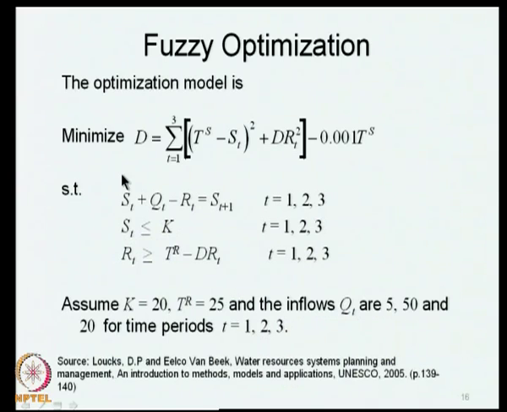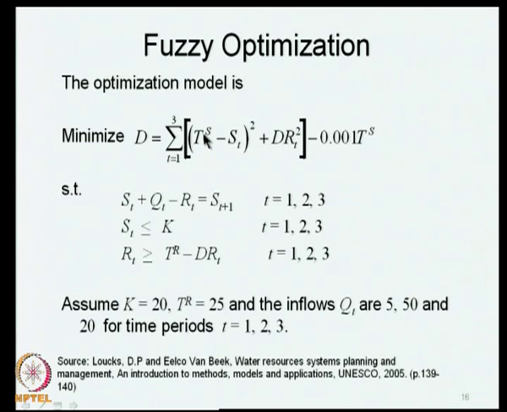So, the way we write it in a mathematical form is, for this particular problem we take 3 time periods. So, we are summing the deficits of storage and the releases. This is the deficit in release, the squares of that, minus we are looking at the storage target Ts. This is the decision variable.